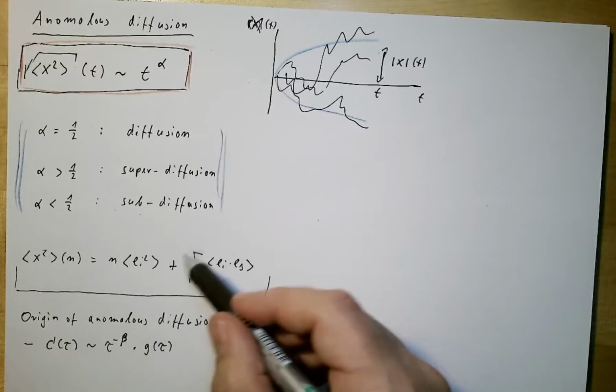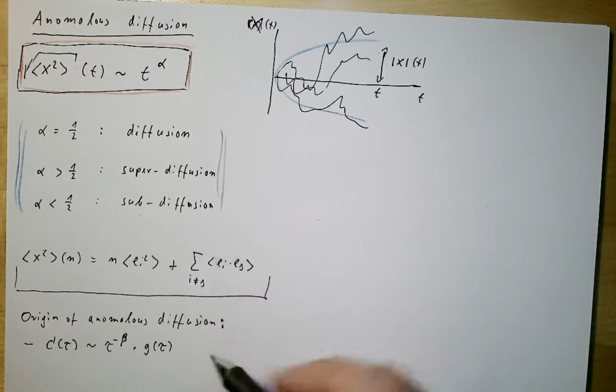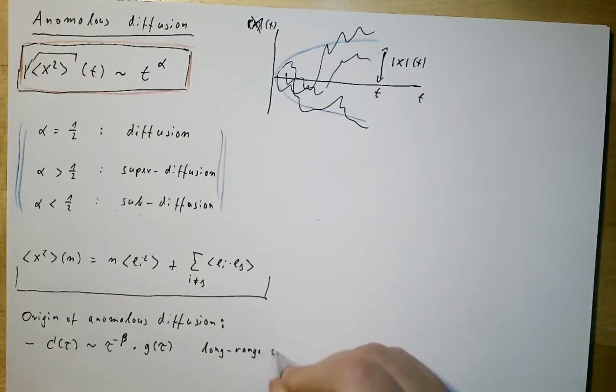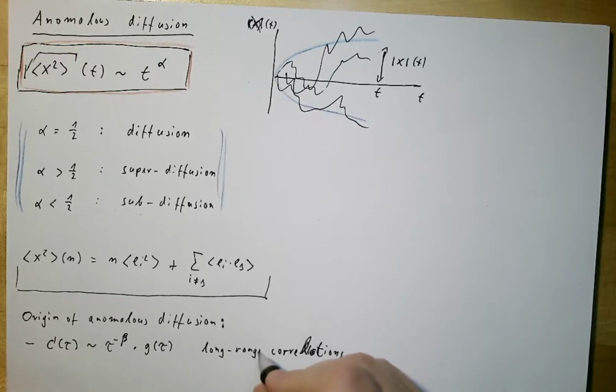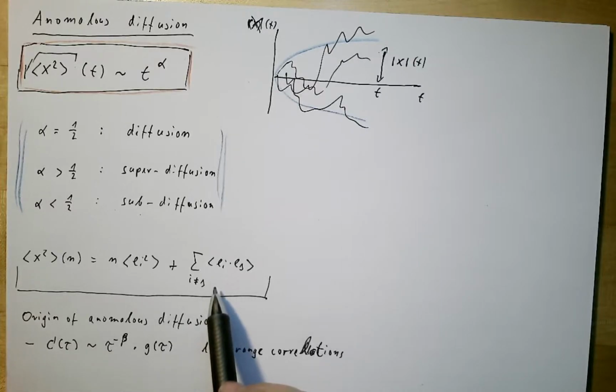So the first case is that we have long-range correlations, and this can be one origin.